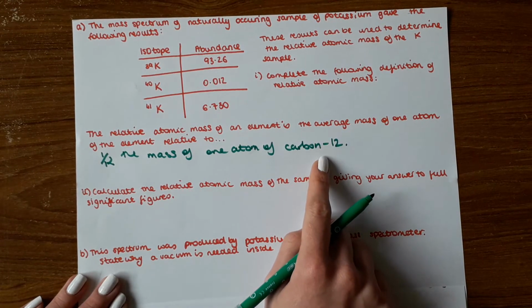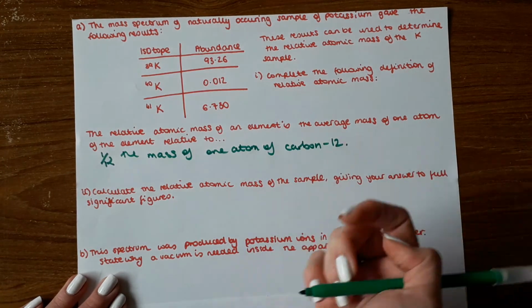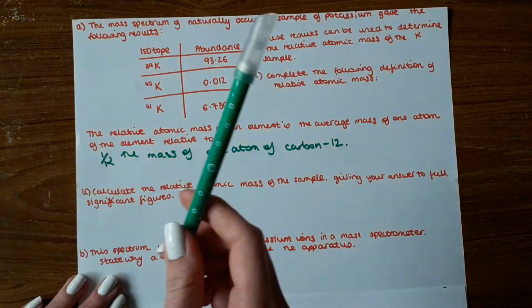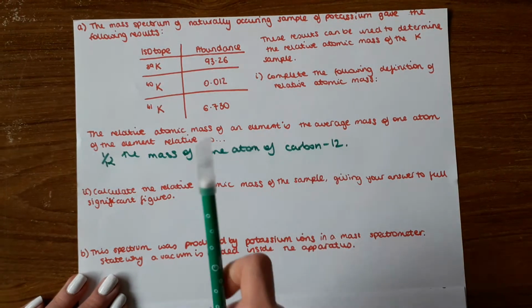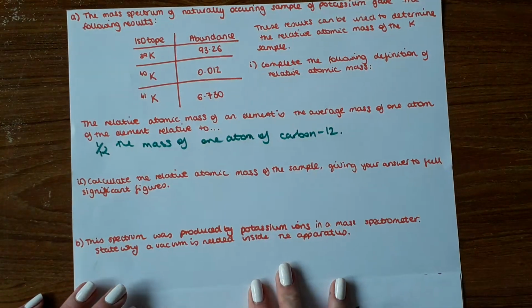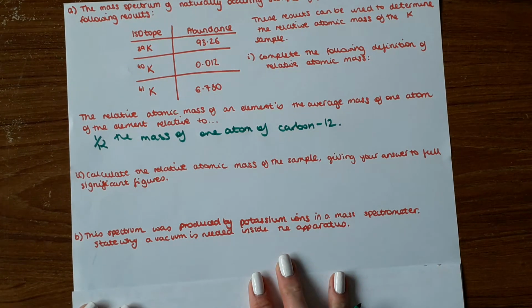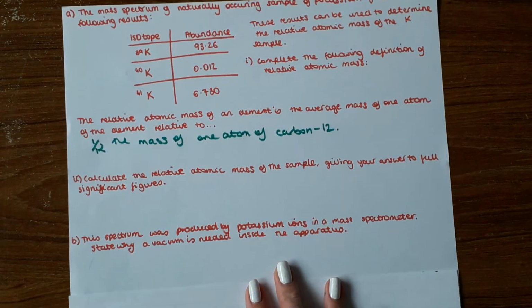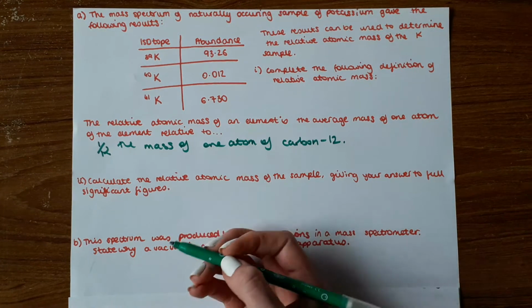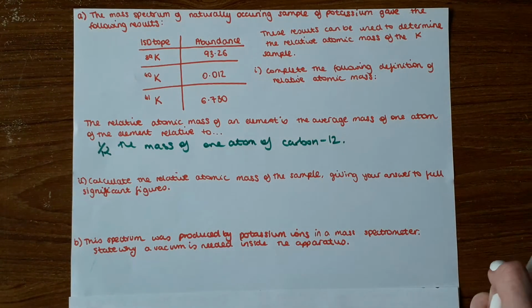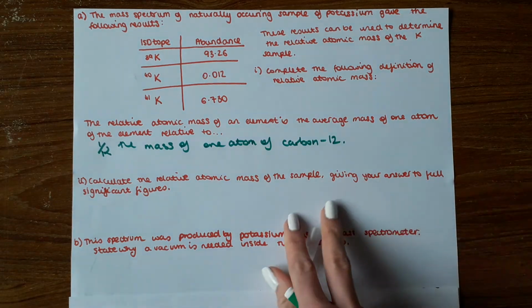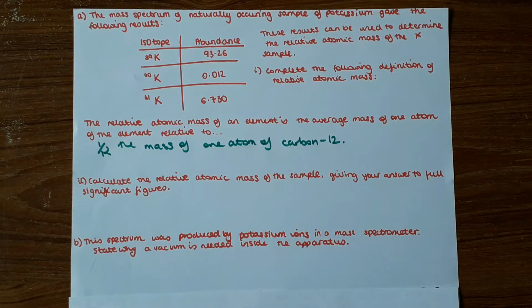I hope this definition sticks in your mind by now. If it's still not, keep writing it, and you'll wake up and straight away think of this definition if someone tells you relative atomic mass. But now, doing a mass spectrometer question, calculate the relative atomic mass of the sample, giving your answer to full significant figures.